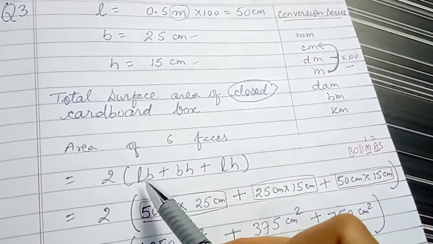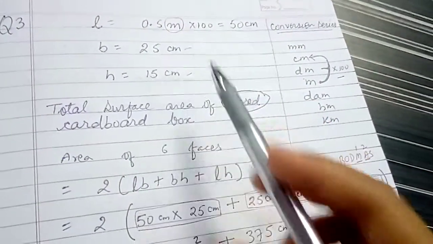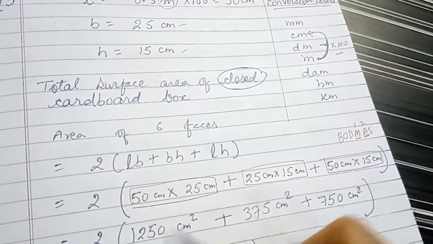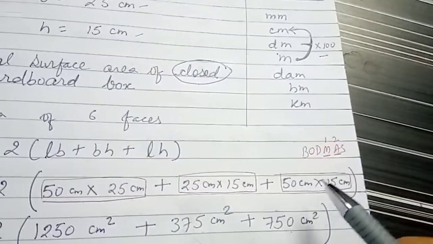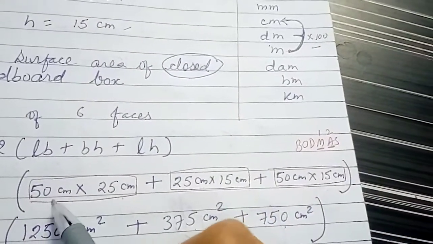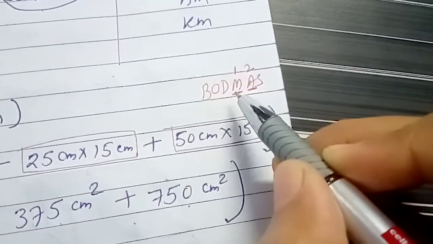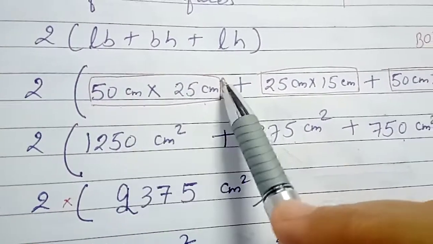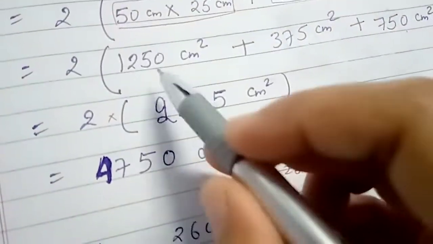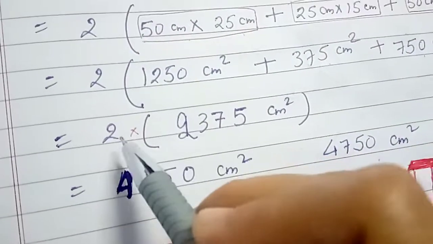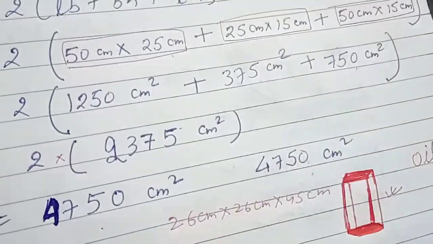Then values are given, L into B, so put the value of L 50, B 25, then B into H, and then L into H. Now see, first you will multiply because you have to apply BODMAS rule. Here also multiply, here also multiply, and after that add. Now bracket is solved, multiply it by 2 which is outside, and this is the answer.